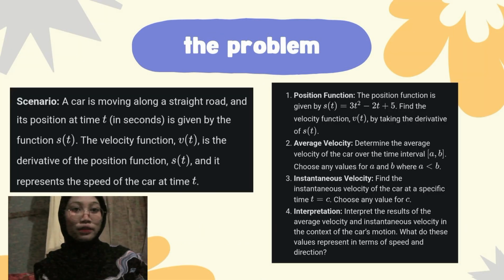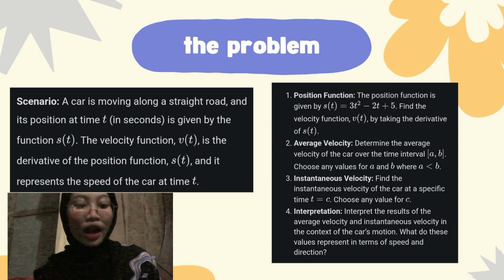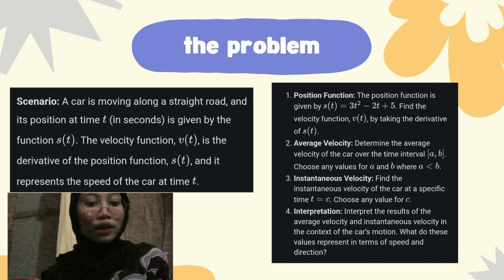Next problem: a car is moving along a straight road and its position in time t in seconds is given by the function s(t). The velocity function v(t) is the derivative of the position function s(t), and represents the speed of the car at time t. 1.